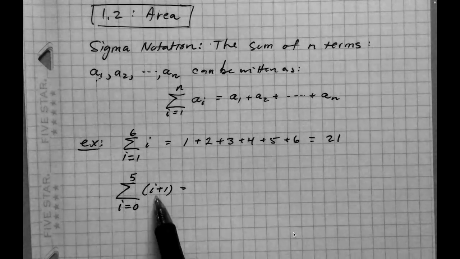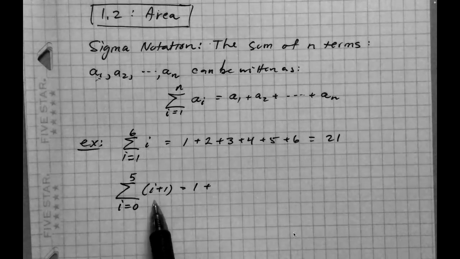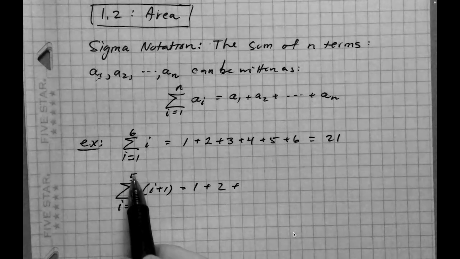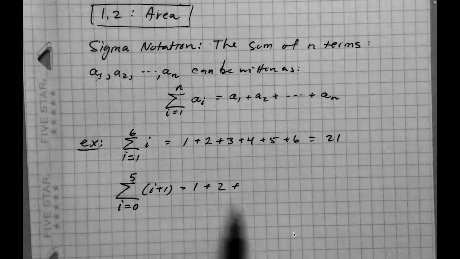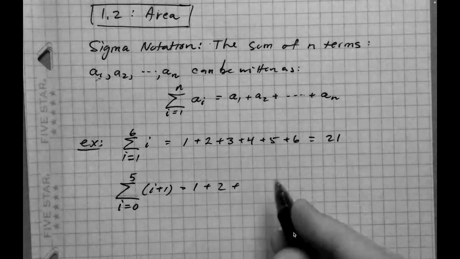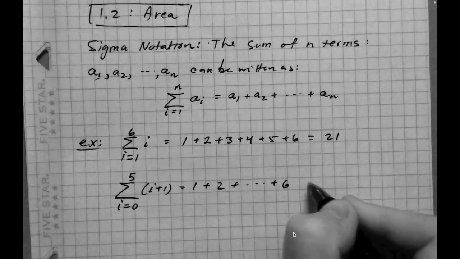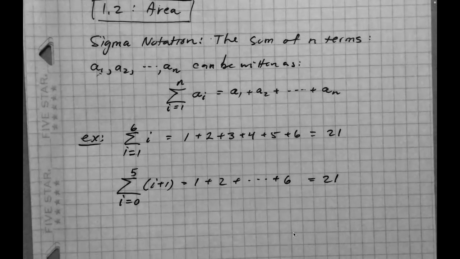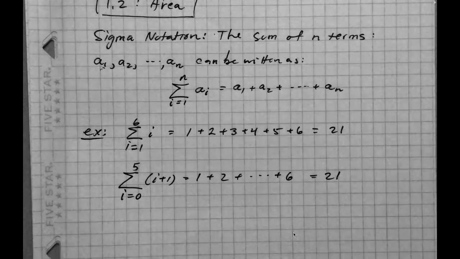The i equals 0 term would be 0 plus 1 is 1, and then plus the i equals 1 term would be 1 plus 1 is 2, right? And the fifth term, well, I guess the sixth term technically here, but the i equals 5 would be 5 plus 1 equals 6. So as you can see, it goes all the way up to 6, just like in the previous example. Okay, so there's different ways to write what is essentially the same sum.